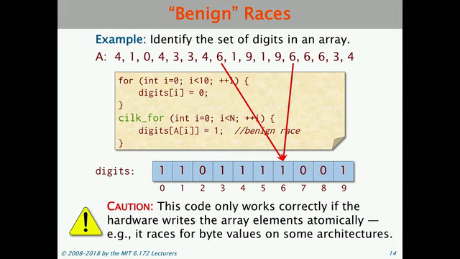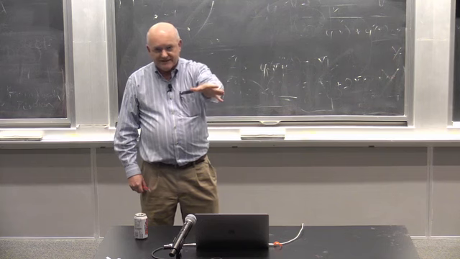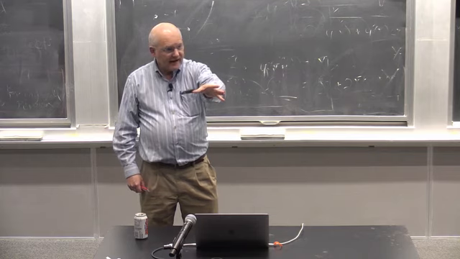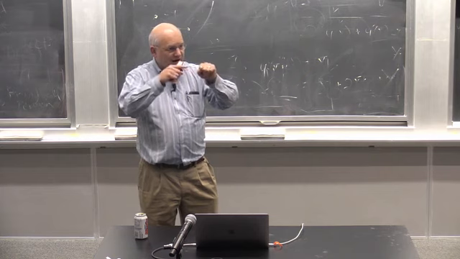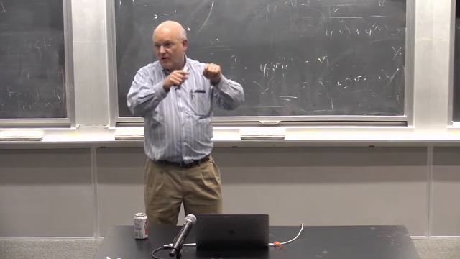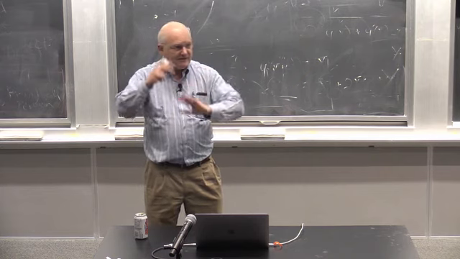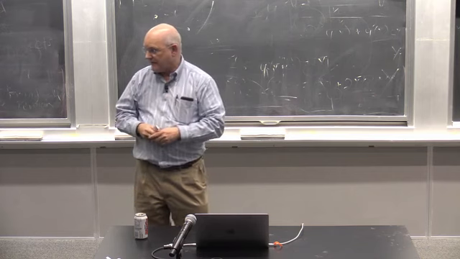For example, on the MIPS architecture, in order to set a byte to be a particular value, you have to fetch the word, mask out and set the byte, and then store it back into the word. So if two guys are operating on that same word location, they will have a race, even though in the code it looks like they're just setting bytes.